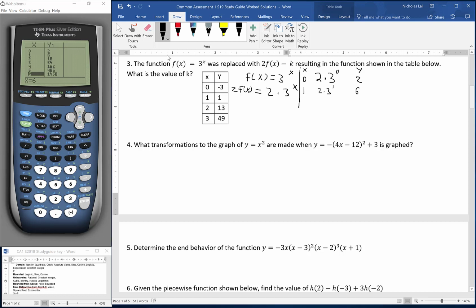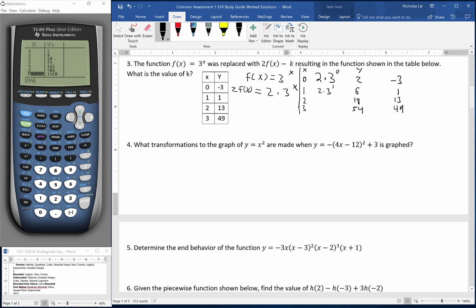Hopefully you can see that you can take your calculator, find the function, and use your calculator's table to find the inputs and outputs, producing an output of 18, and 3 producing an output of 54. But now we have this downward shift, minus k. To get to our table, we need to go from 2 to negative 3, 6 to 1, 18 to 13, 54 to 49.